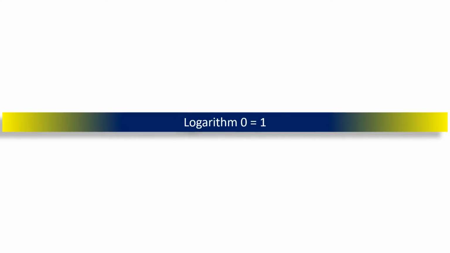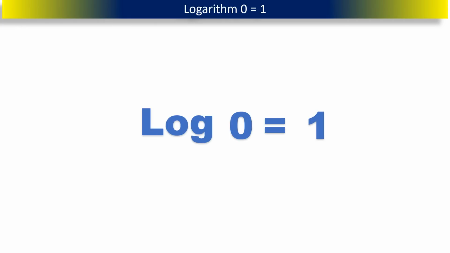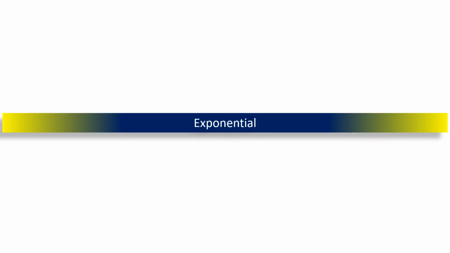Logarithm. We have another operation called logarithm in maths. The value of log 1 is equal to 0. Kindly take note of this. Next, in exponential, how does 0 behave? E to the power 0 is equal to 1.